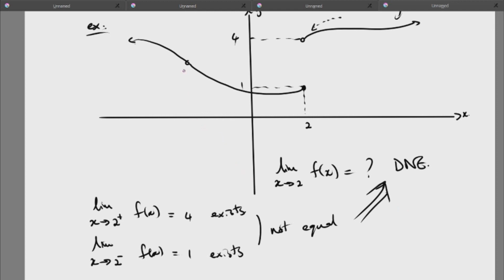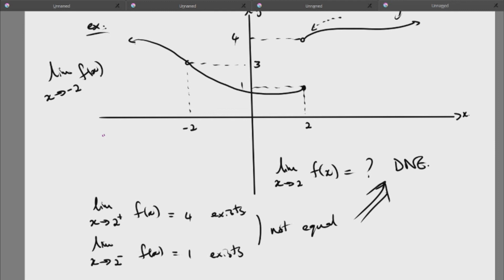Just as a side note here, let's suppose this is -2, and this is let's say a 3. As a side note, does the limit as x approaches -2 of the function exist? There's a hole. The function's undefined. Does the limit exist?